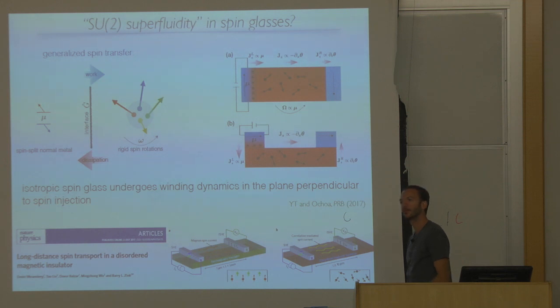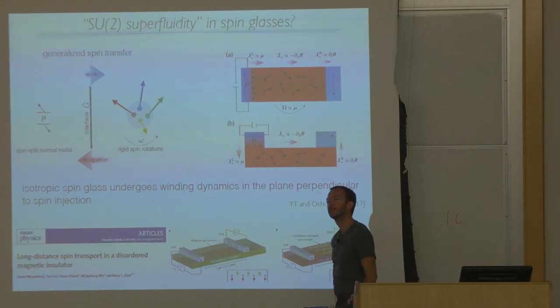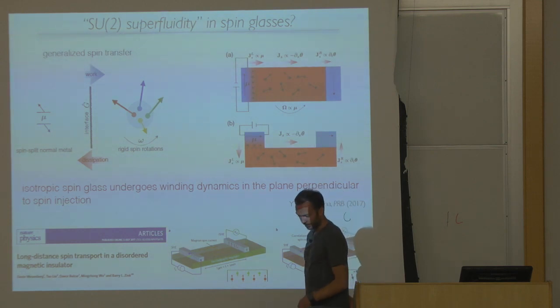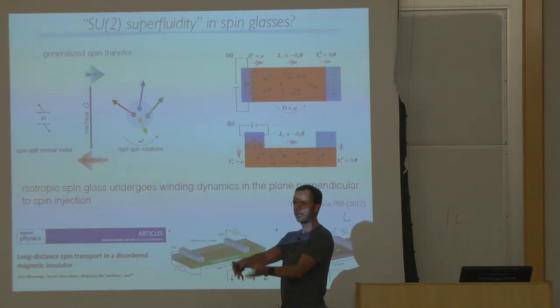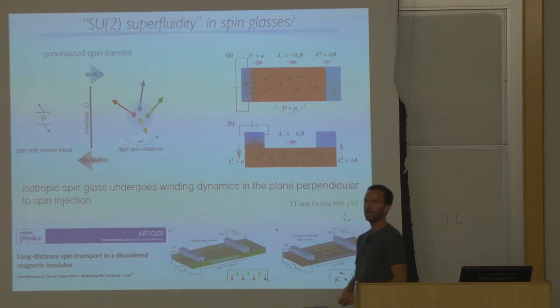Yeah. So basically what you're saying is, instead of moving spins, we move these topological excitations which are conserved. How good is this conservation, and what does it depend on? Okay, exactly. This is another direction of research.